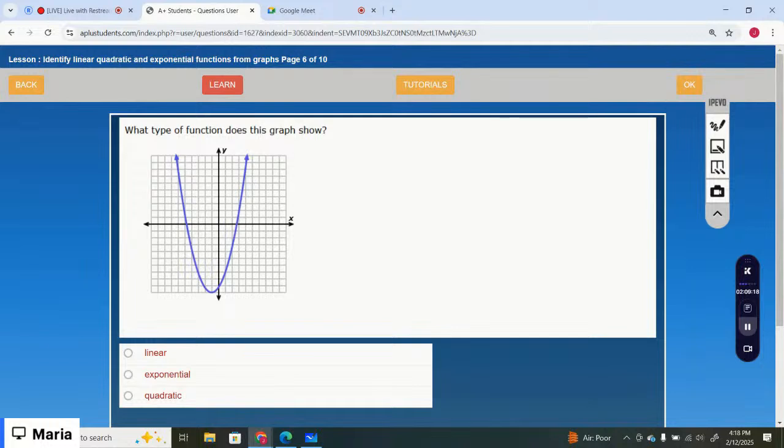What type of function does the graph show? That is the quadratic function. Option number 3 is the correct option.